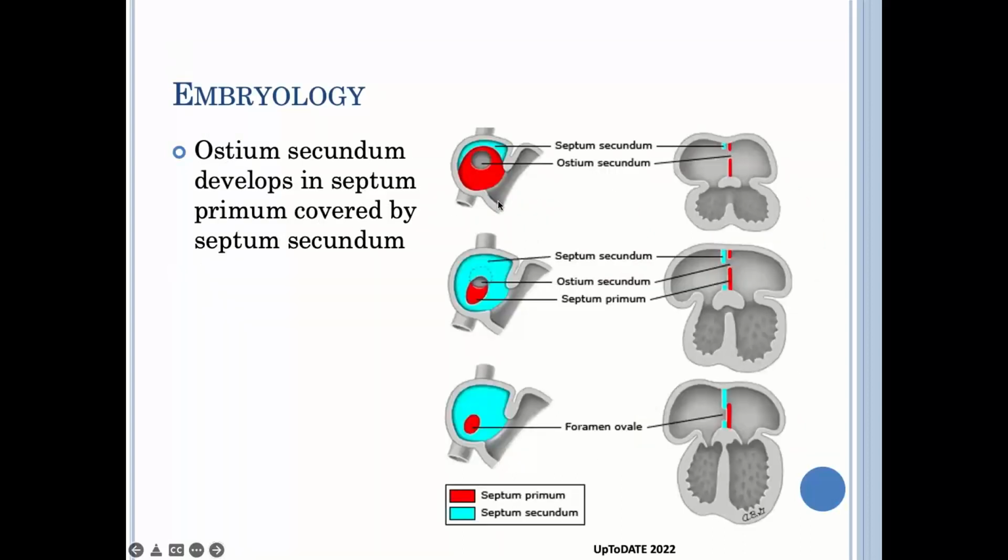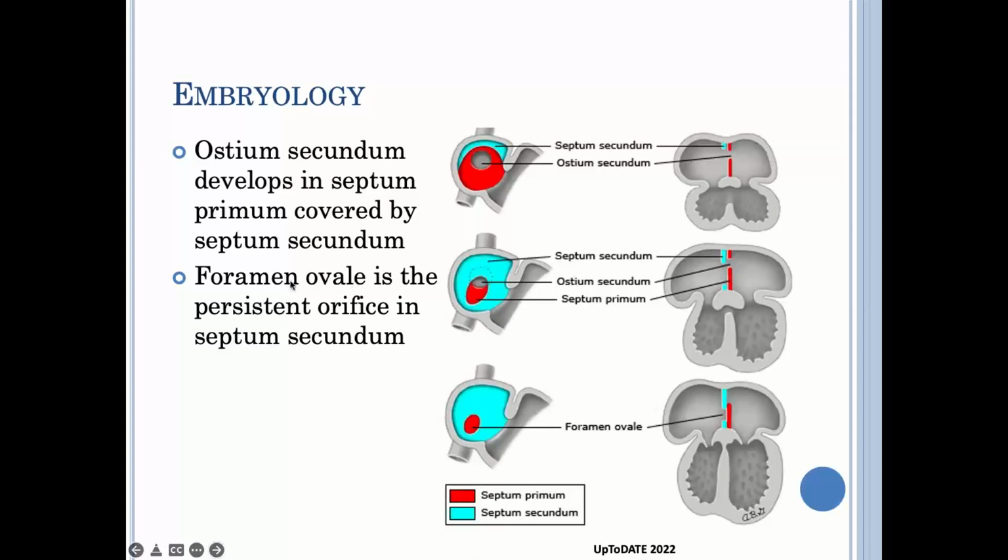This diagram is a little bit better in terms of looking at the embryology. So the ostium secundum, the terminology can be a little bit confusing, develops in septum primum, and that's covered by the septum secundum. So it's shown in this top figure over here.